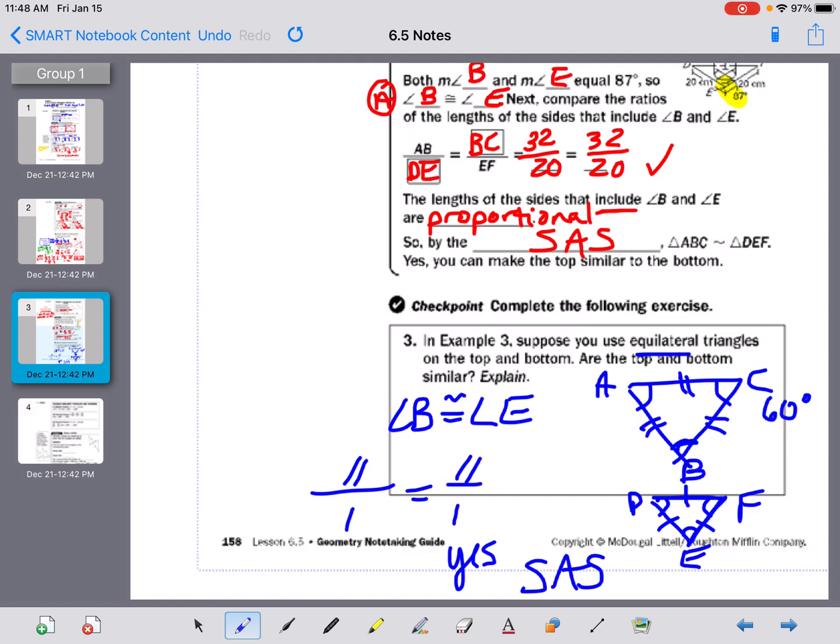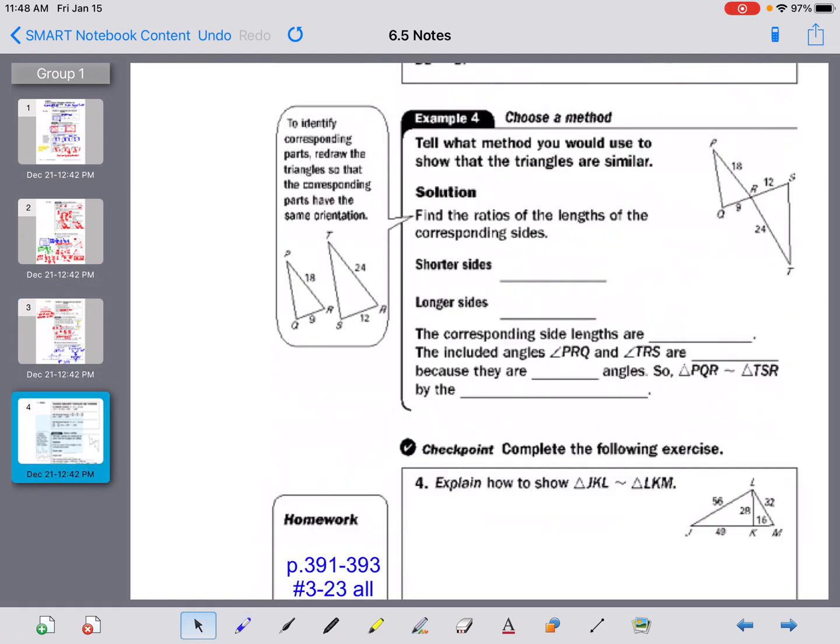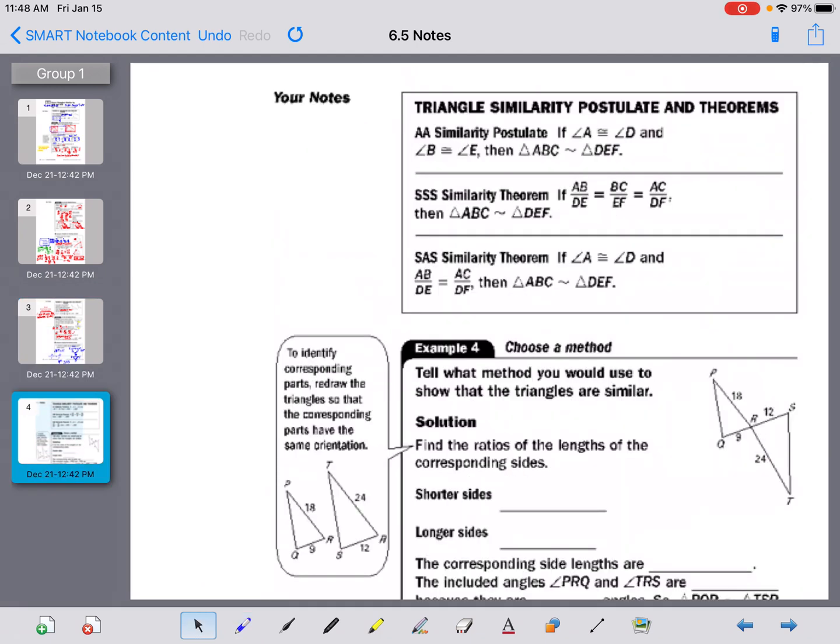All right, last set of notes, or last page of notes for this set of notes. How's that sound? Okay, 3 ways we can prove triangles similar. In 6.4, we learned about the angle-angle similarity. And in that regard, all we had to prove is 2 angles congruent, and then my triangles are similar. I have side-side-side that I learned today.